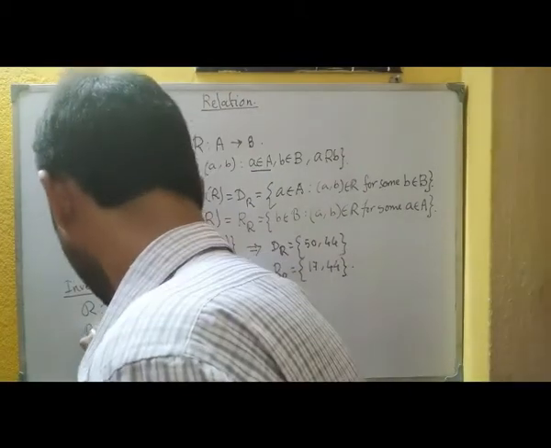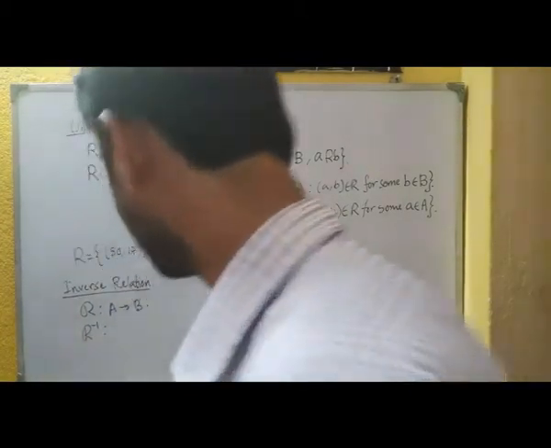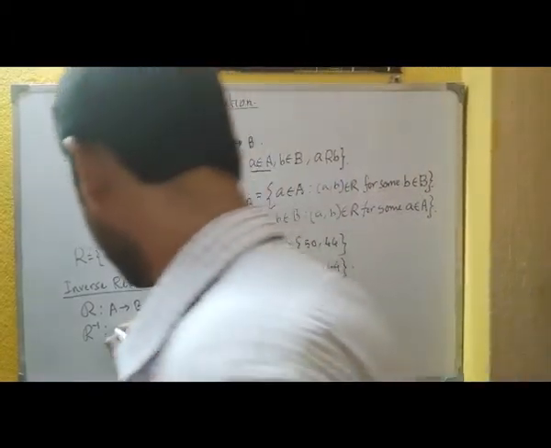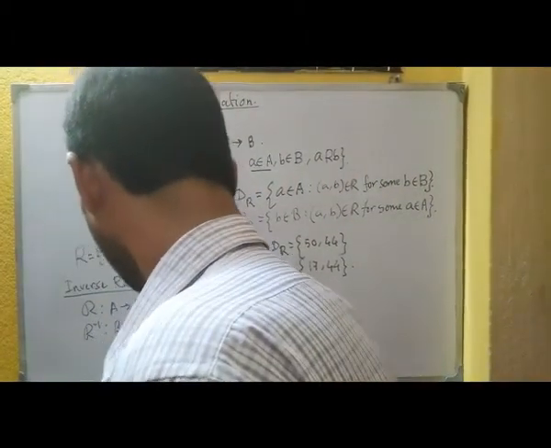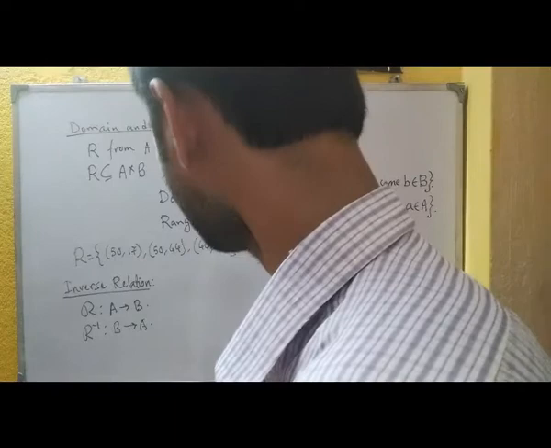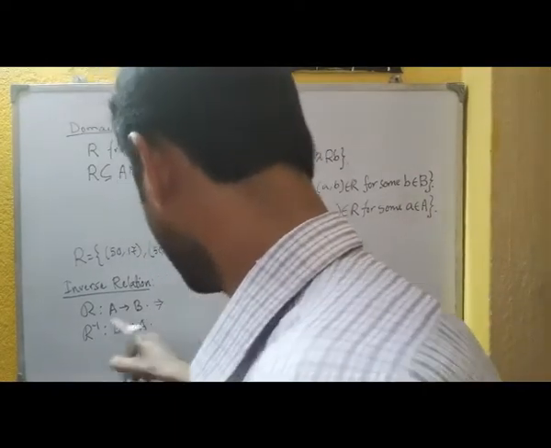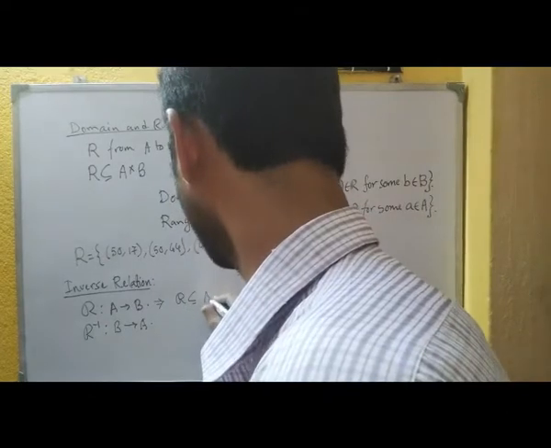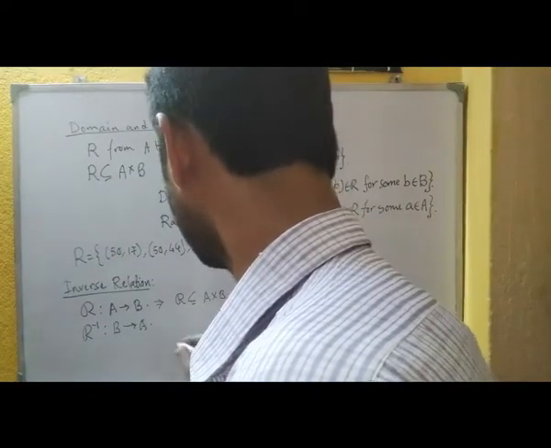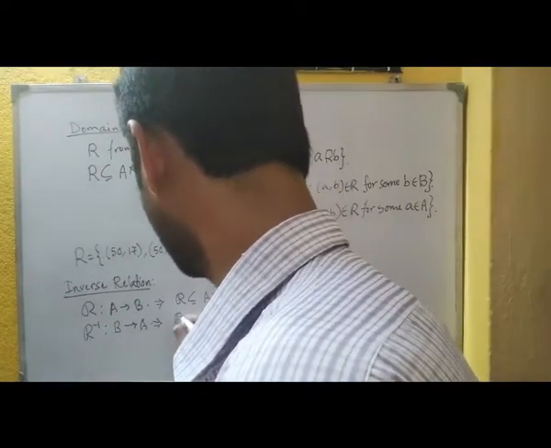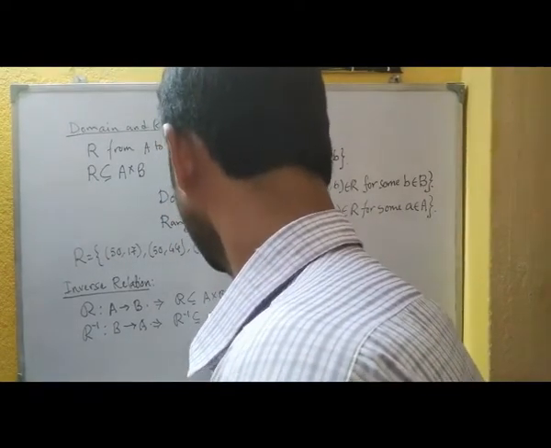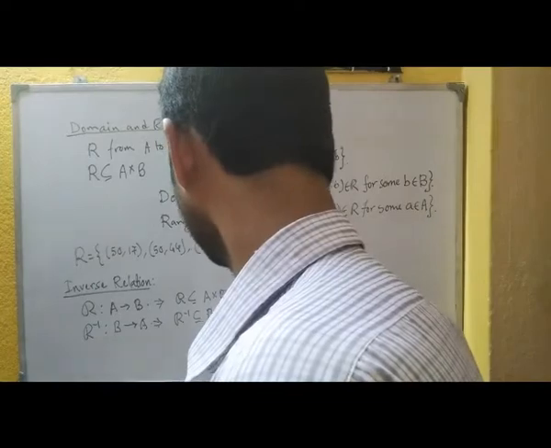We denote this relation using R inverse, and it is some relation from B to A. A relation from A to B can be expressed as a subset of A cross B. In the same manner, the R inverse relation can be considered as a subset of B cross A.